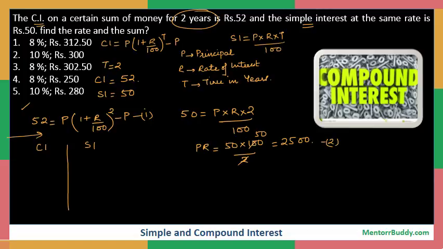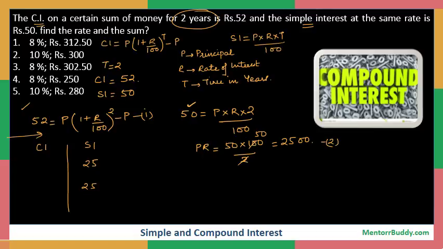In simple interest, every year the value of interest remains the same. For example, if the total interest for 2 years is 50, each year it is going to be 25 rupees in case of simple interest.